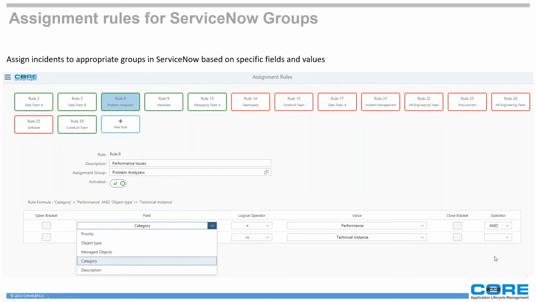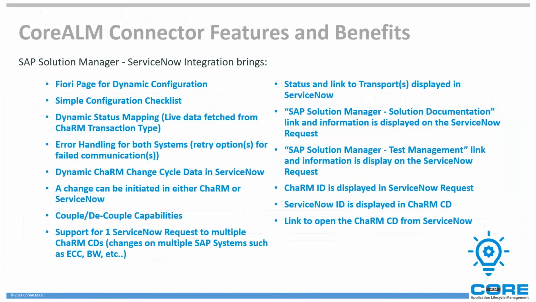So yeah, there are a lot of features like that built into the tool to really streamline your process. Now, from a features and benefits standpoint, and this goes for both solutions, whether it's for alert integration or for change management, essentially we deliver a Fiori page. It's very dynamic, meaning it's going to pull live data from both sides.